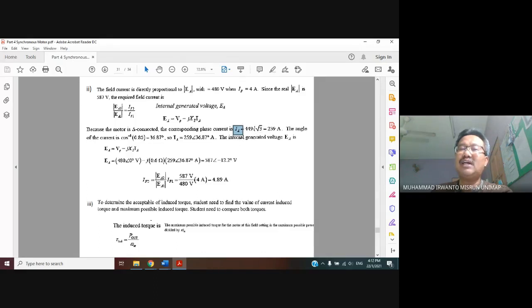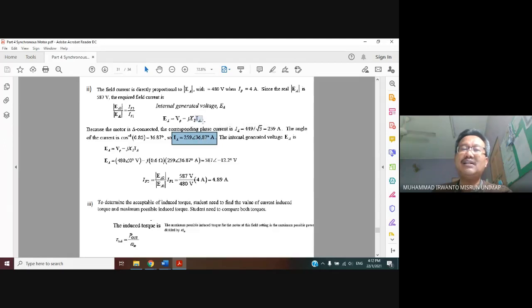So 449 divided by square root of 3 is 259 amperes. And then cos theta, because we want to find the angle of IA. Cos theta is 0.8, meaning theta is 36.87 degrees. So we can write the value of IA in phasor form as 259 angle 36.87.